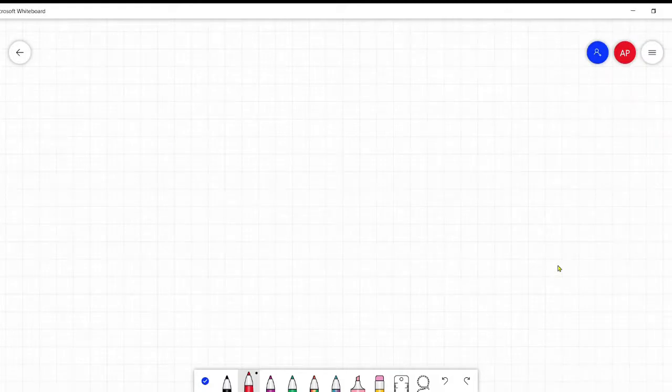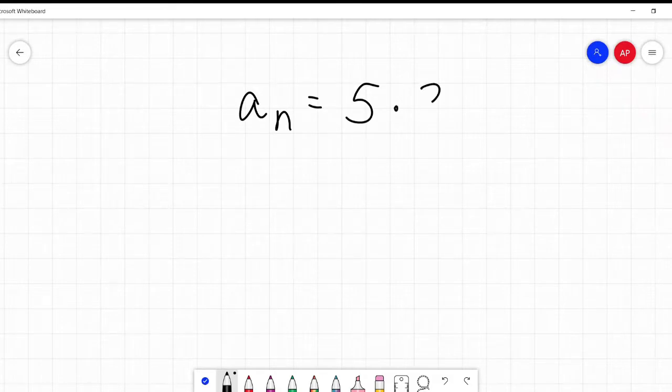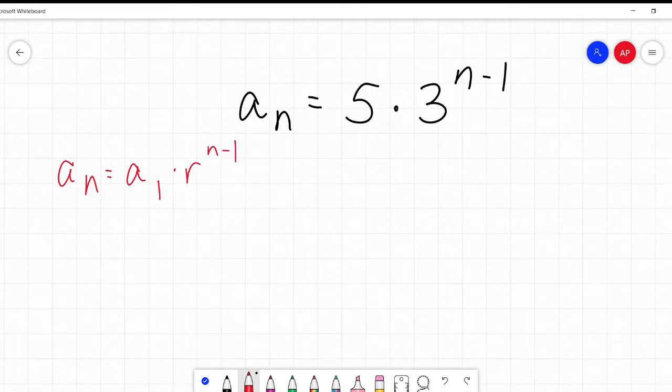So just to show you the other way around, if they were to give you the formula, because that's how you get the formula from the sequence, let's get the sequence from the formula. Let's say they gave you a sub n equals 5 times 3 to the power of n minus 1. Well, this is a general formula, and we know for a general formula, a sub 1 times r to the n minus 1.